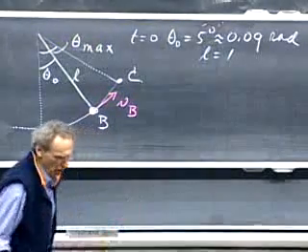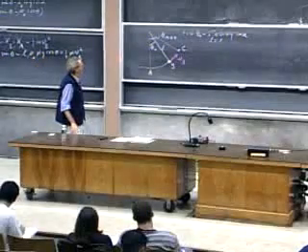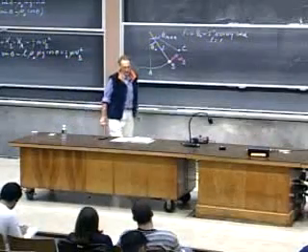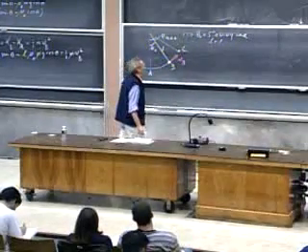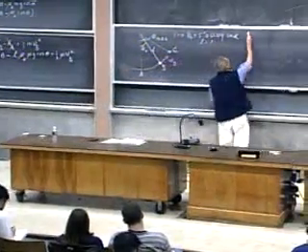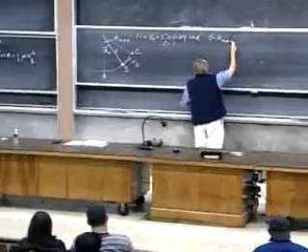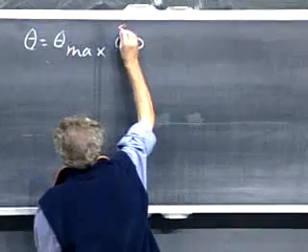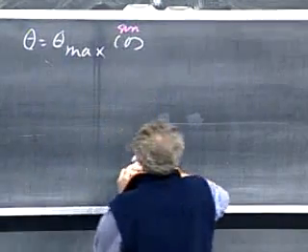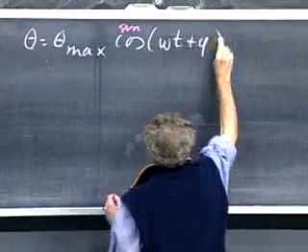It is small angle approximation. The angles will never be very large, as you will see later when we calculate theta maximum, and so we know that we're going to get a simple harmonic oscillation to a very good approximation. So theta is going to be that angle theta maximum times the cosine, or if you want to be my guest, you can make this a sine. I always work with cosines, omega t plus phi.